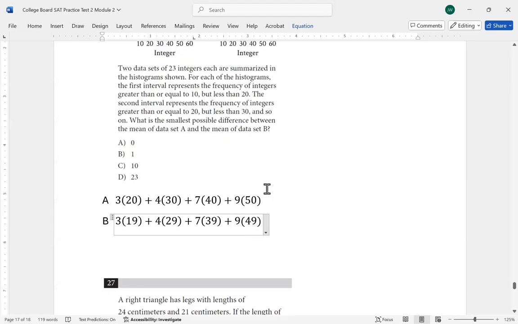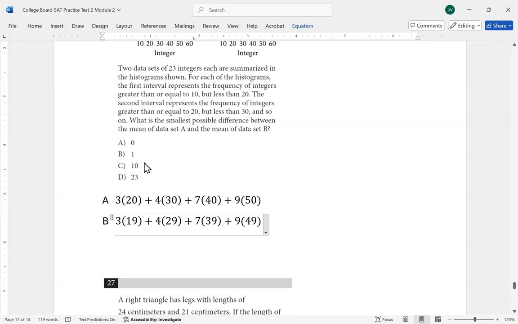Now you can find the average by hand if you'd like, but all you have to do is realize that going from set A to set B, we dropped each number by a factor of 1. We just subtracted 1 from each number. And therefore, the differences could be as small as 1.